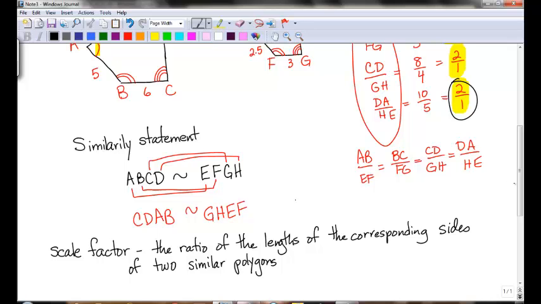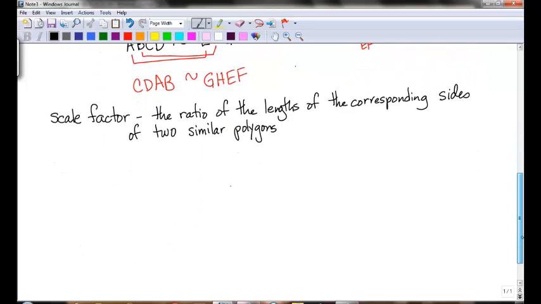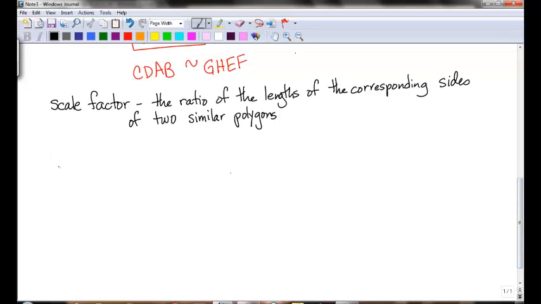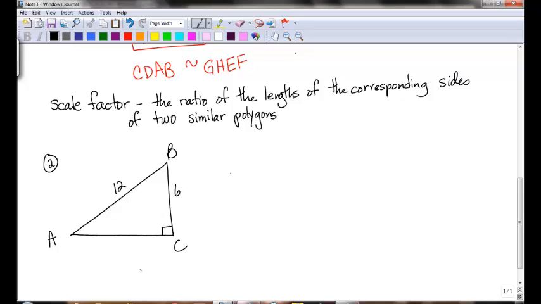Okay. Now, they might draw them in a little bit different order. Let's look at another example. Say this is example 2. Draw a right triangle. Looks like this. And label this as A, B, C for the right angle. AB is 12. BC is 6. Let's label angle A. This angle is 30 degrees.